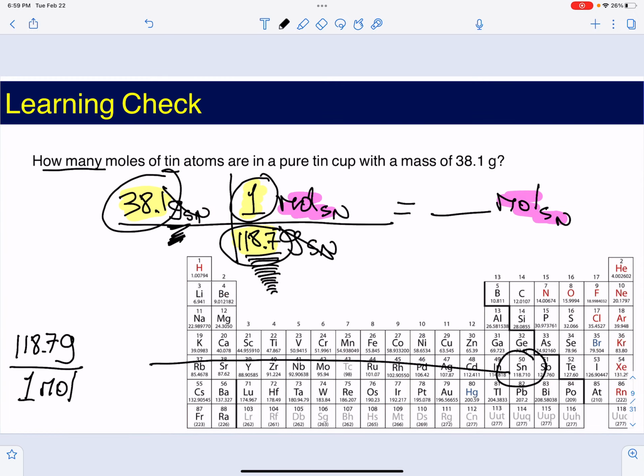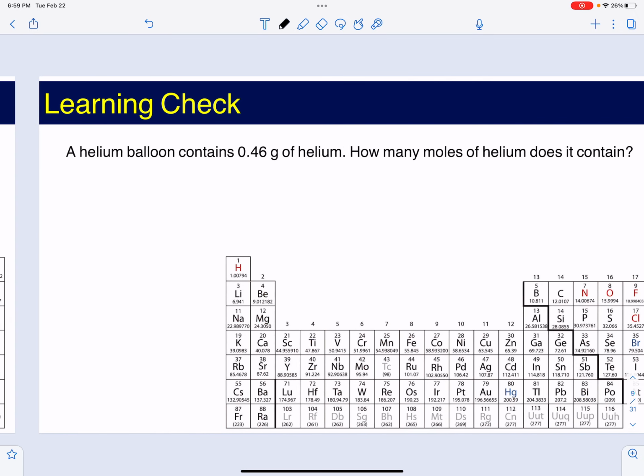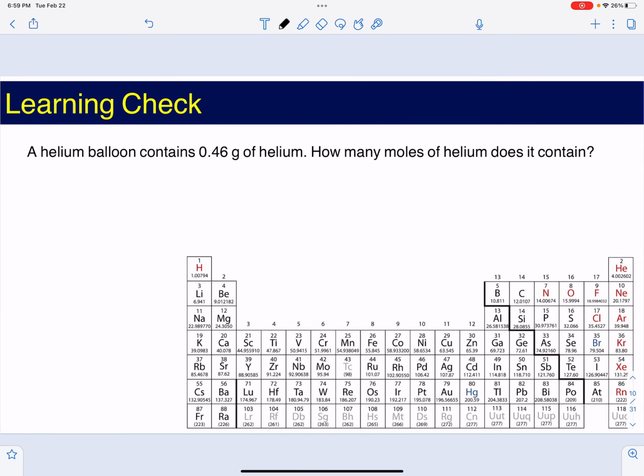So let's do another one. A helium balloon contains these many grams of helium. How many moles of helium? So that's what we're looking for. We're looking for moles of helium, which is going to be right there.